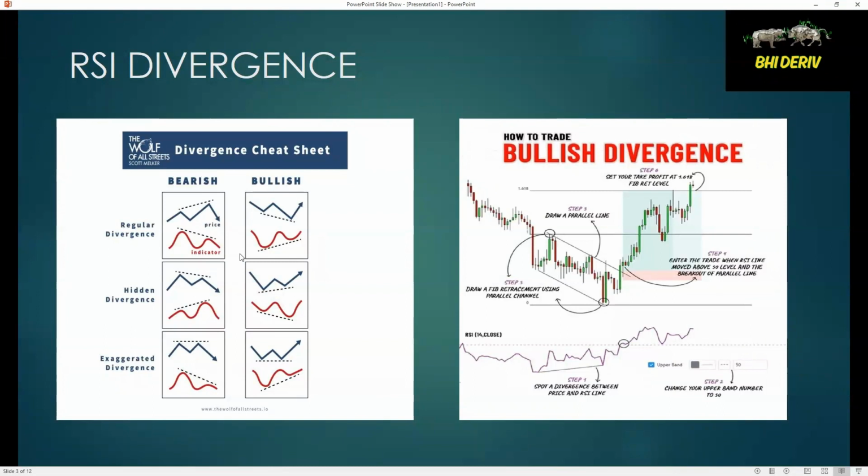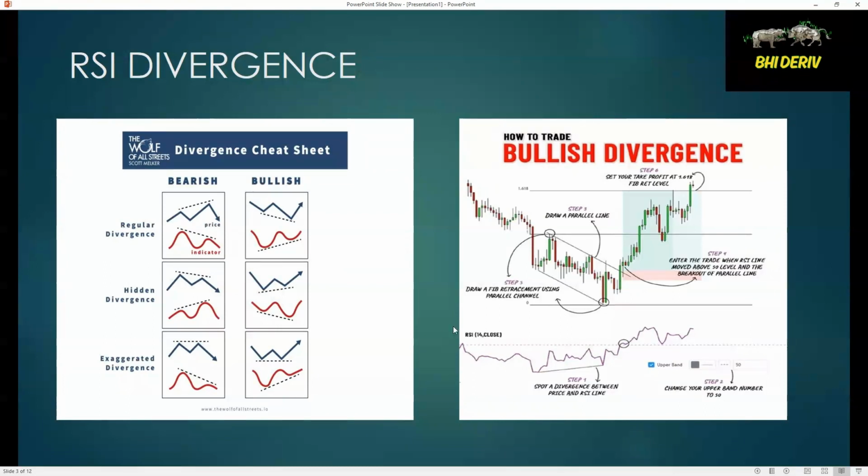It's the same thing for the market. If the market is moving one way and the momentum indicator is moving another way, then we can say the price action is not matching up with the momentum of the market. Sometimes it can result in a reversal, sometimes it results in a retracement, sometimes it results in a continuation. Depends on whatever is forming at that moment.